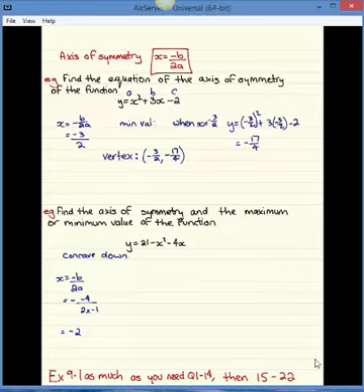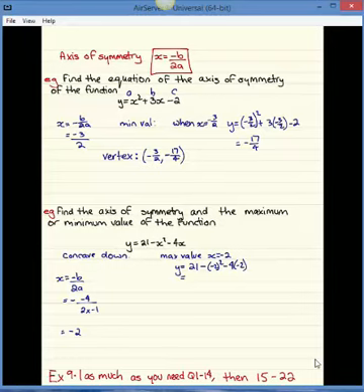Now because this is concave down, we are going to get a maximum value. So our maximum value is going to happen when x equals -2. So substitute that into your equation. Y equals 21 minus -2 all squared minus 4 times -2.